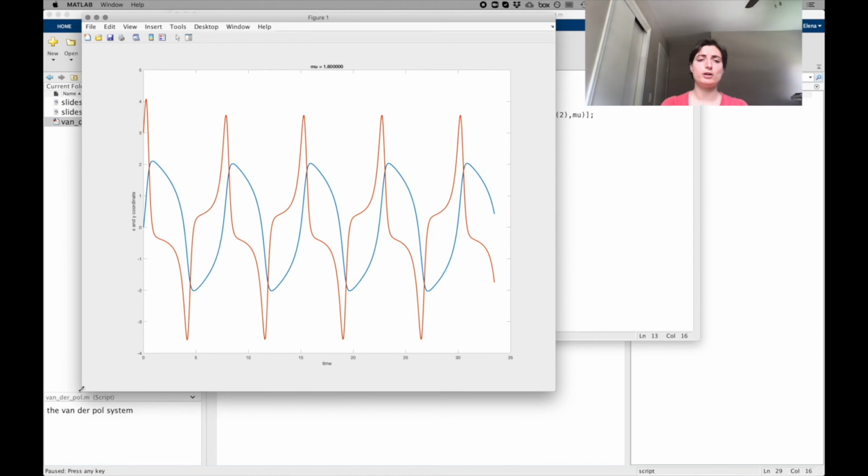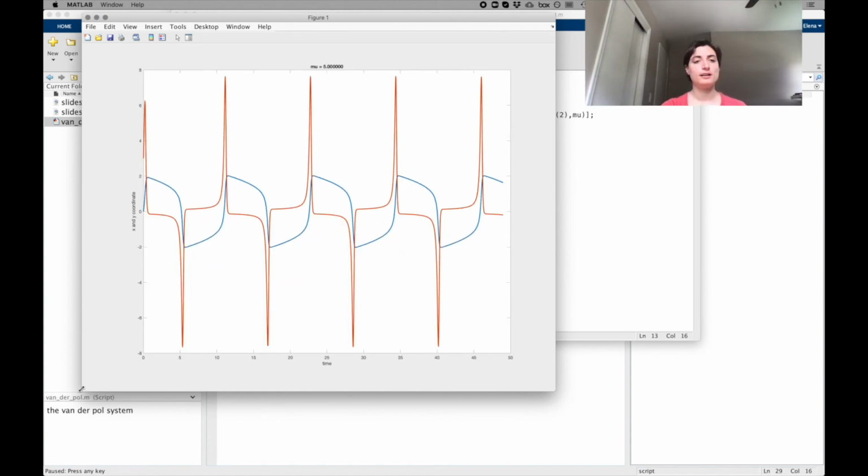I mean, if we were being very precise, we would notice they're slightly different, but very slightly. So for mu equals 1.8, we already have something that tends to a periodic orbit very fast, and a periodic orbit where one of the two components changes quite abruptly. You see how it goes from something lower than -3 to something higher than 4 in a very short span.